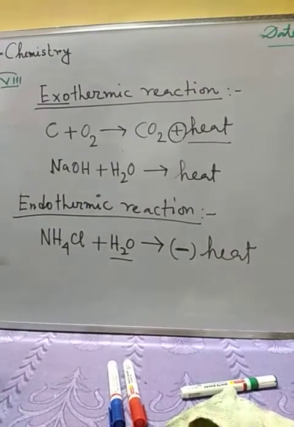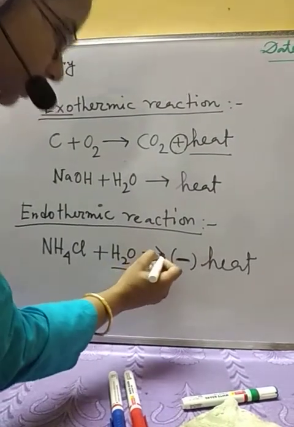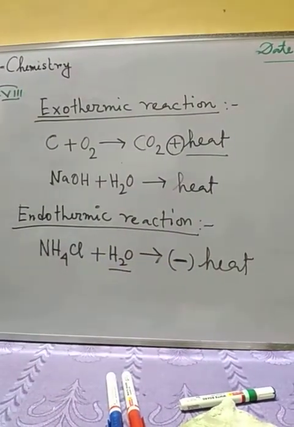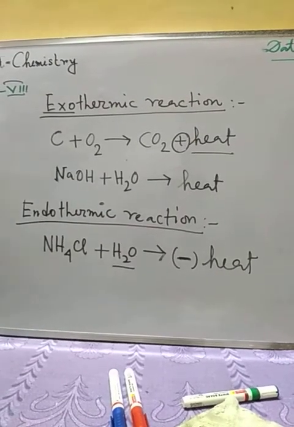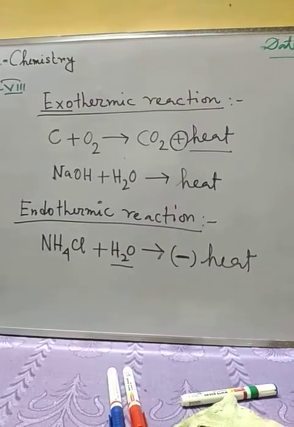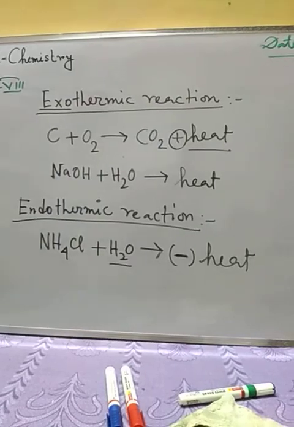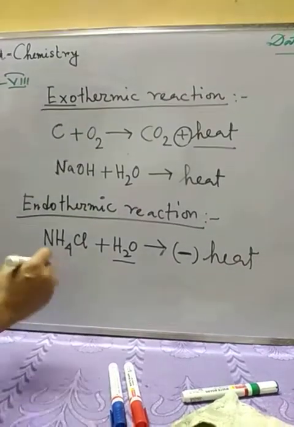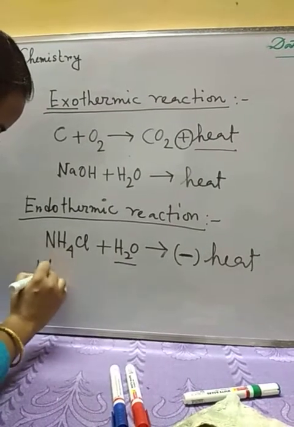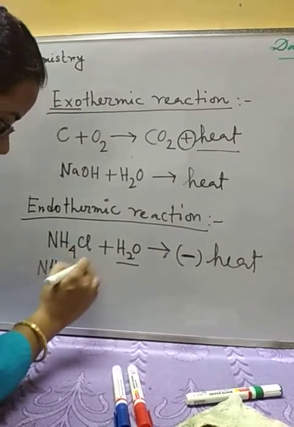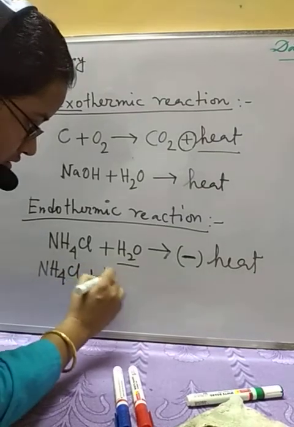Just as in mathematical equations we write plus or minus, and we can interchange the sign by interchanging the left hand side and right hand side, in this manner we can write ammonium chloride plus water.